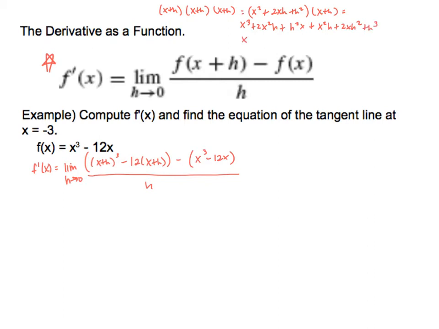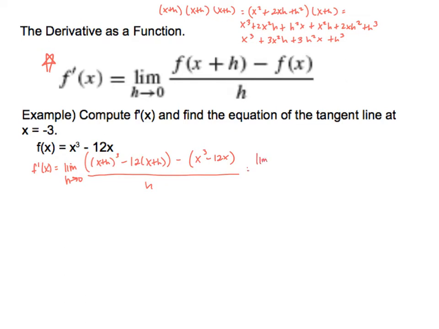So combining what we can here, x cubed plus 3x squared h plus 3h squared x plus h cubed. So it's a 1, 3, 3, 1 pattern if you're following that rule.